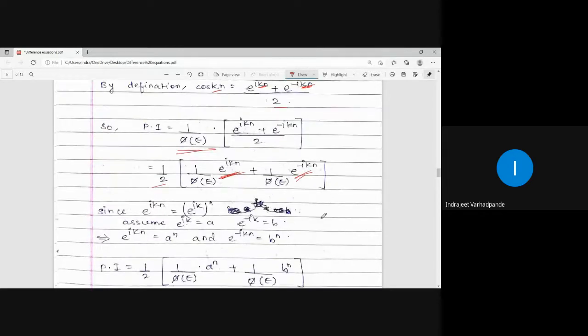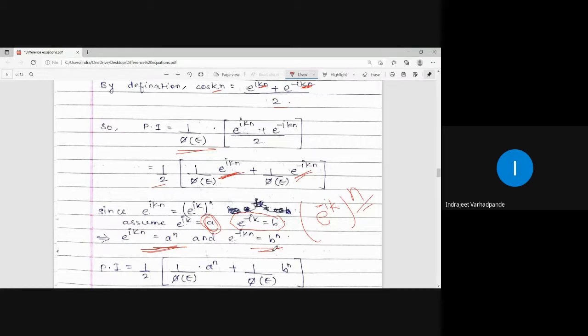By laws of indices, e to the power ikn can be written as e to the power ik whole raised to n, and e to the power ik can be considered as a. So this will be a to the power n. Similarly, e to the power minus ikn can be written as e to the power minus ik raised to n. What will you call e to the power minus ik? b. So that becomes b to the power n.